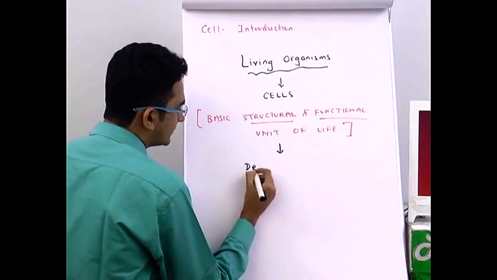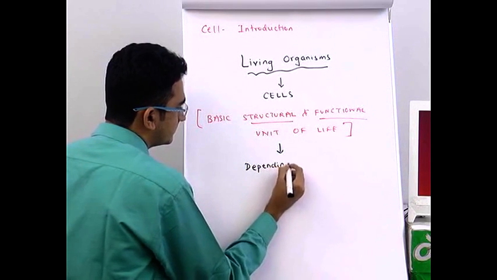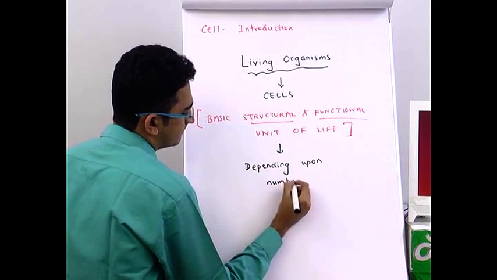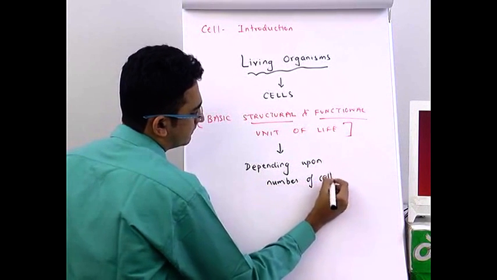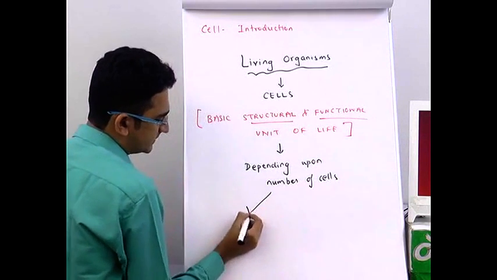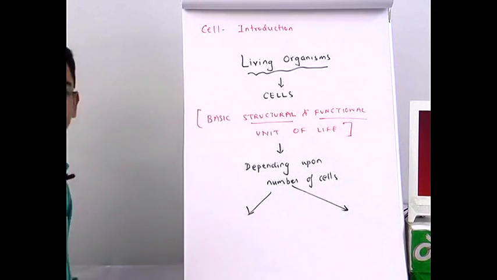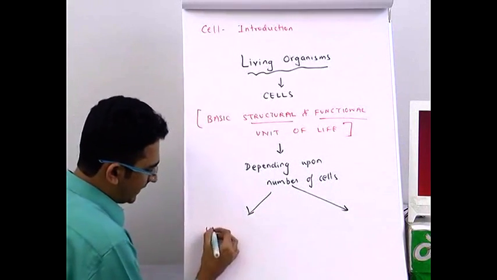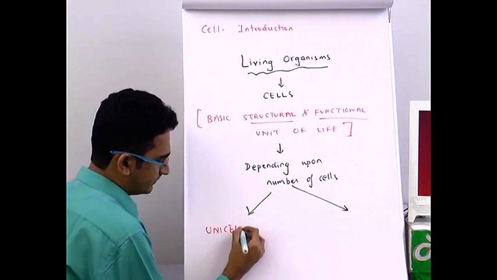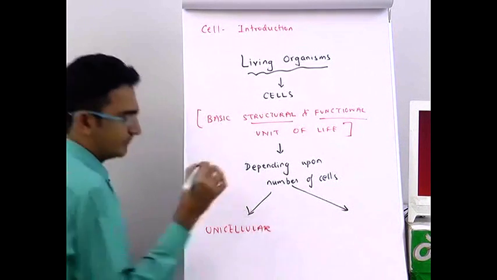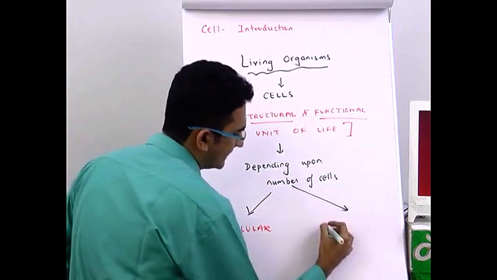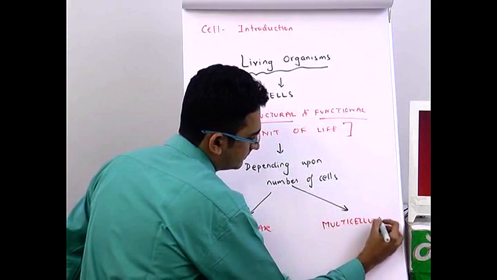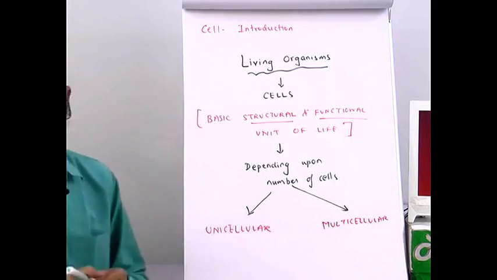Okay. So depending upon the number of cells, living organisms can be divided into two categories. One is those living organisms which are unicellular and those living organisms which are multicellular.